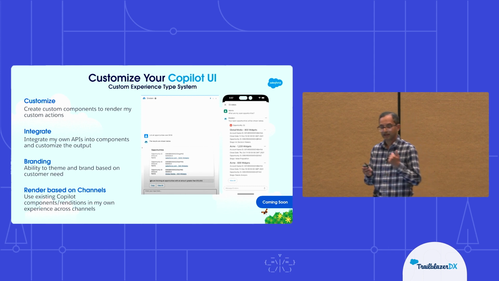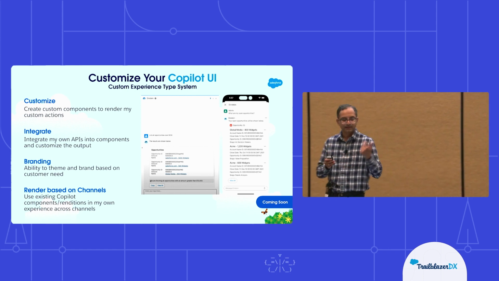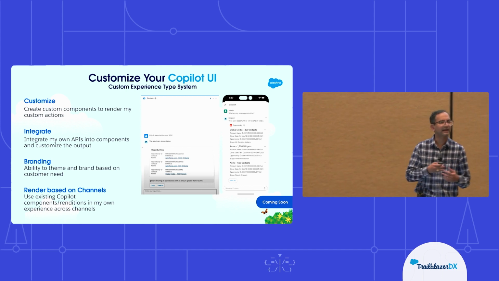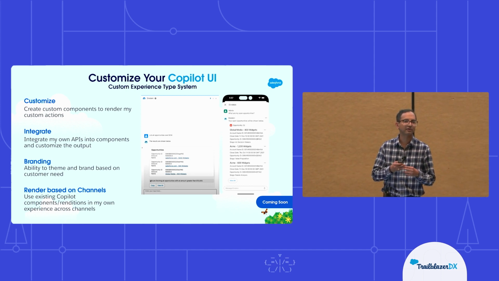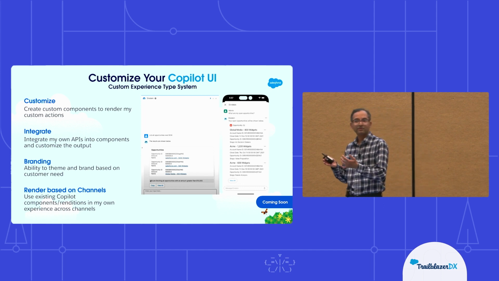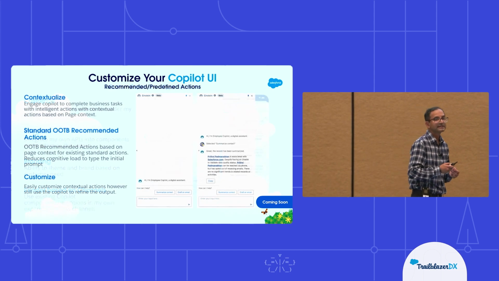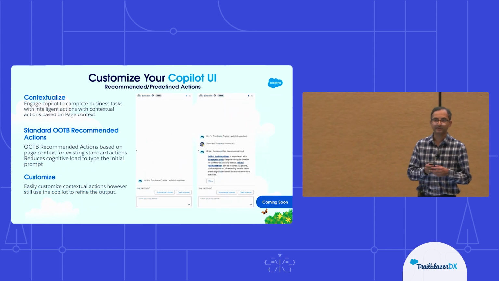So you can do that. That's one key aspect of it. The second key aspect of it is branding. You want to put some branding on your Copilot, whether your employee-facing or consumer-facing Copilot, and you can brand it. The third one is that it can render different things.